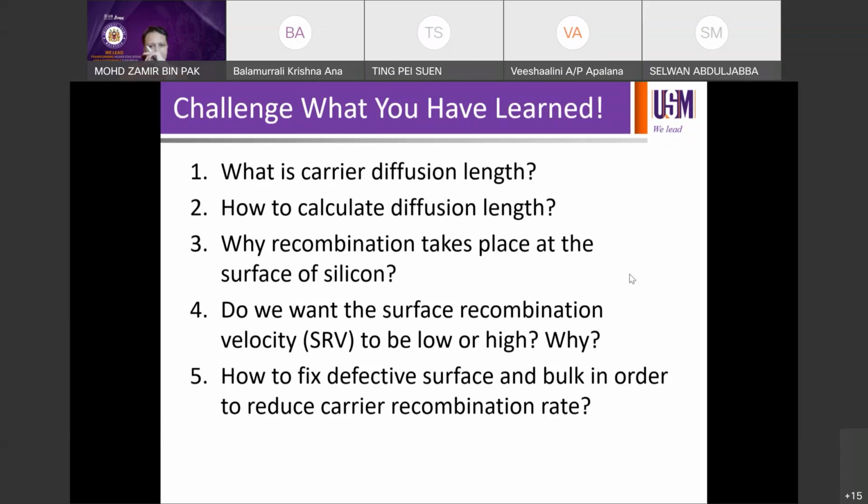Kuatin ada? Selwan, Selwan? Tak nampak muka lah, susah sikit. Selwan, ya? Selwan Abdul Jabbar. Tak ada jawapan? Anyone? Why do we have surface recombination?